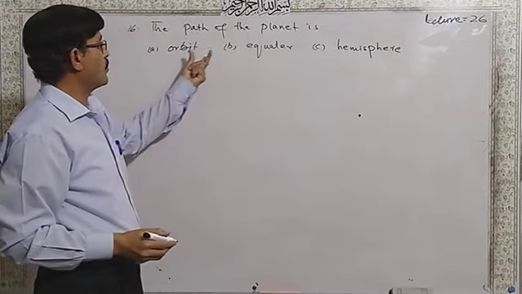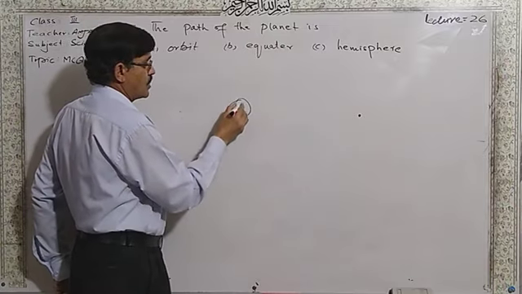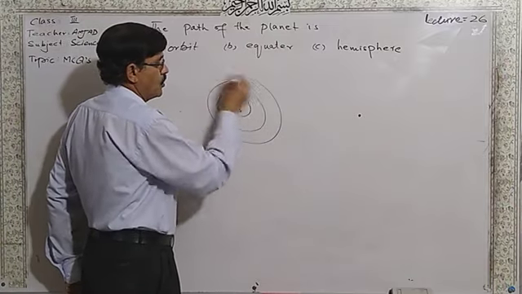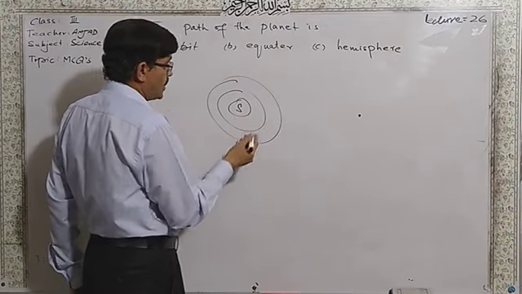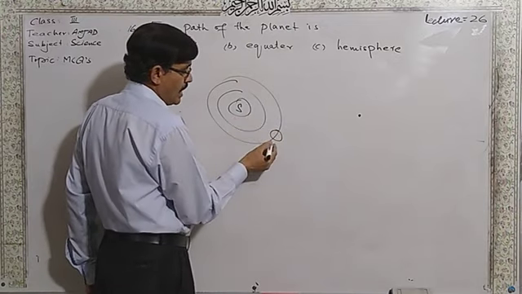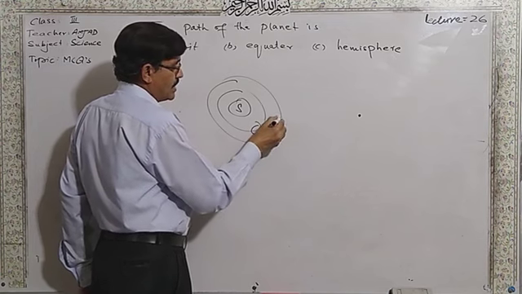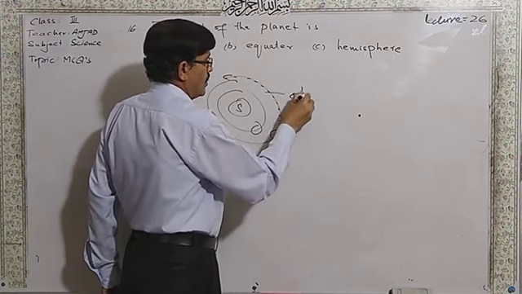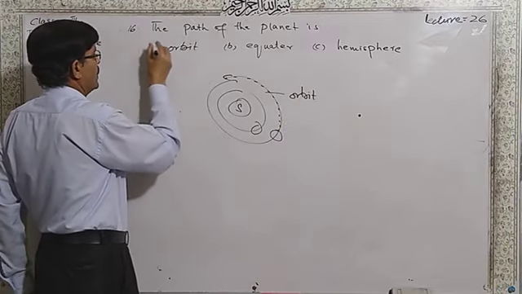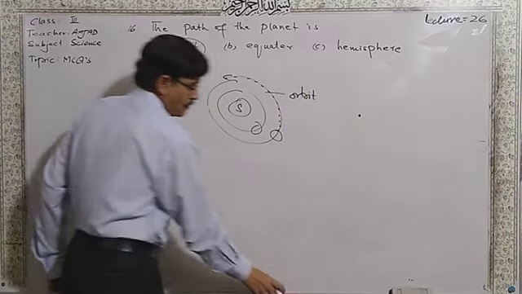As you know, this is our solar system. Around it we have these invisible lines called orbits, and this is the path of the planet. What is it called? Orbit. Orbit is the correct answer.